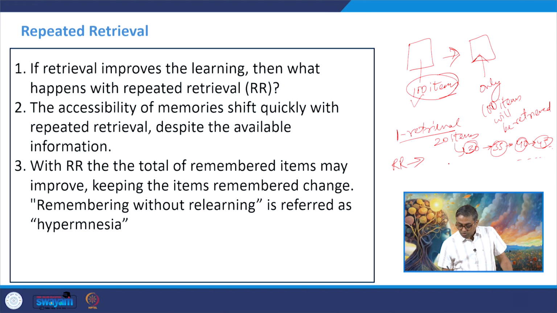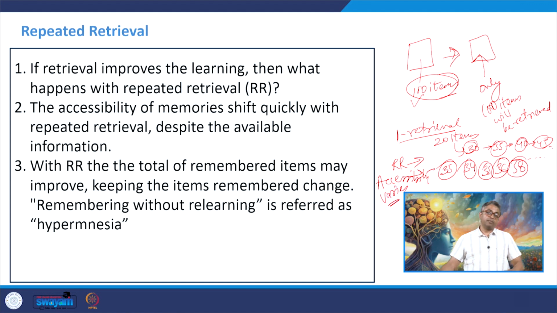However, it could also happen that the number could go 35, the number could go 34, the number could remain the same as 35 or 36 or 38. So this accessibility varies upon repeated retrieval.